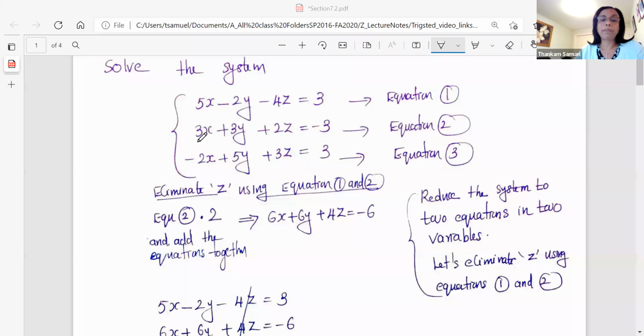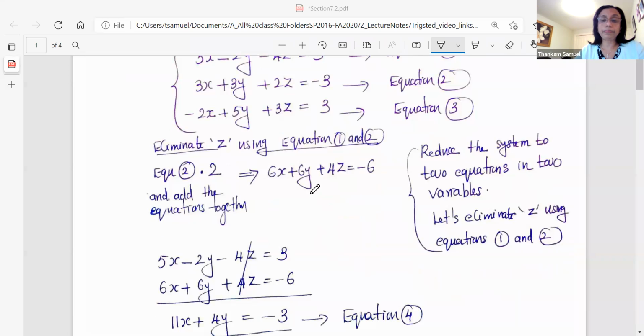So the second equation becomes 6x plus 6y plus 4z equals negative 6. Remember to multiply all the terms of the second equation by 2. We can see that the numerical coefficient of z in the first equation is negative 4, and our new equation is positive 4. Then let's add the first equation and the new equation.